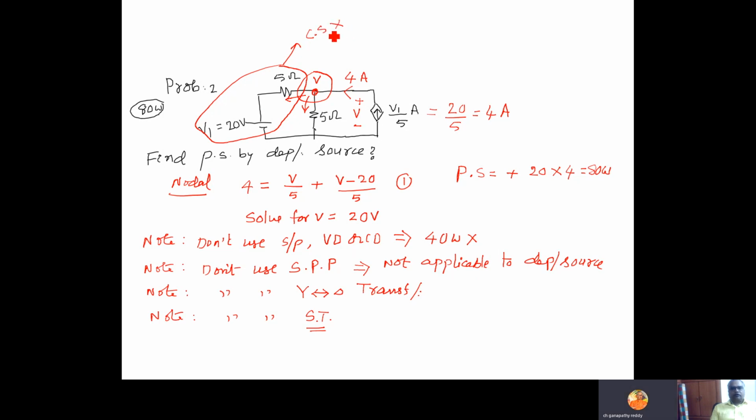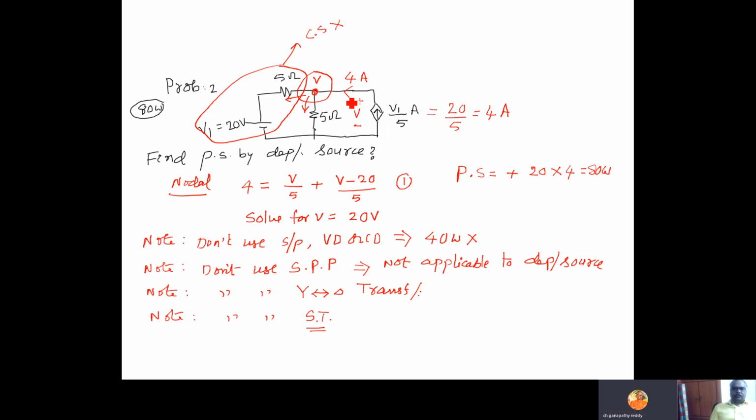No. Why can't you change this into current source? This is a dependent source, depending on V1. When you change the voltage source into current source, this V1 disappears, and the problem will be in a dilemma. Therefore, don't use source transformation.